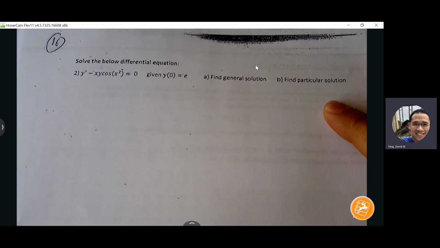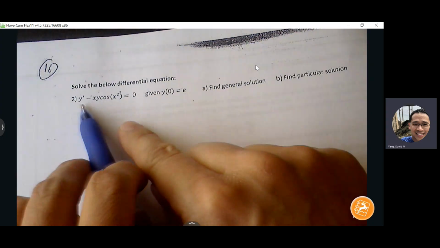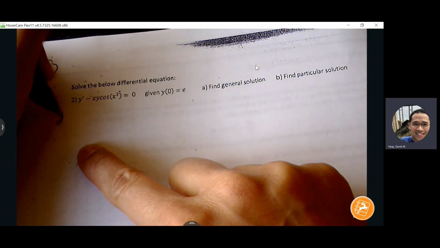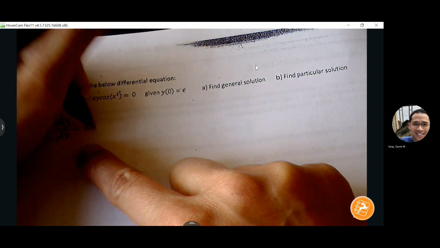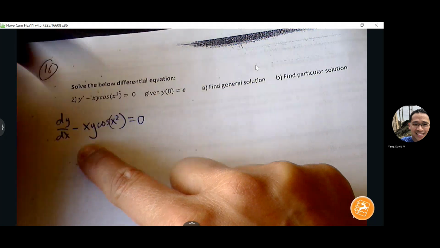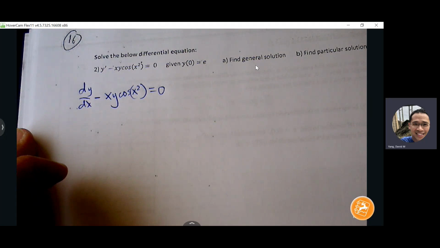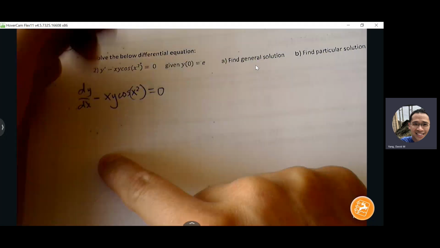Okay, so first thing we can do is let's get that y prime to be in a different form. Y prime can be written as what? dy/dx. I'm always trying to see if I can get two fractions to equal each other. So I'm going to go ahead and add that x y cosine x squared to the right side.